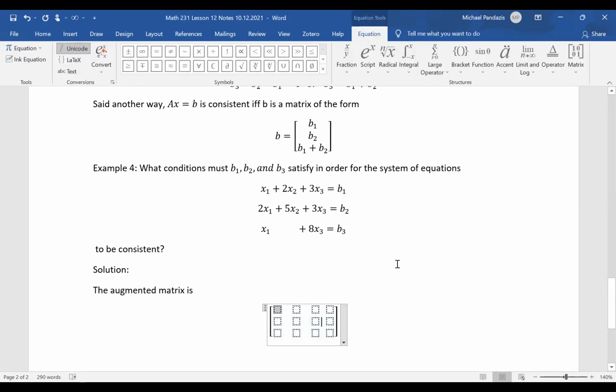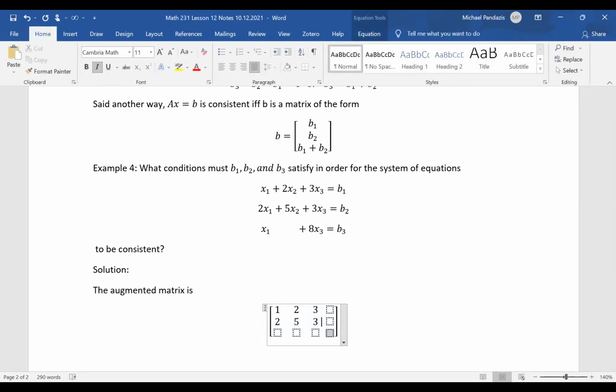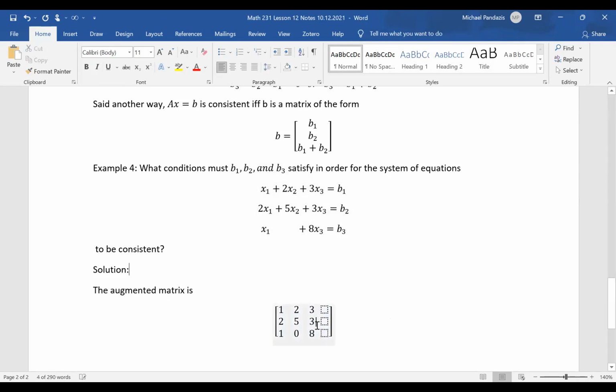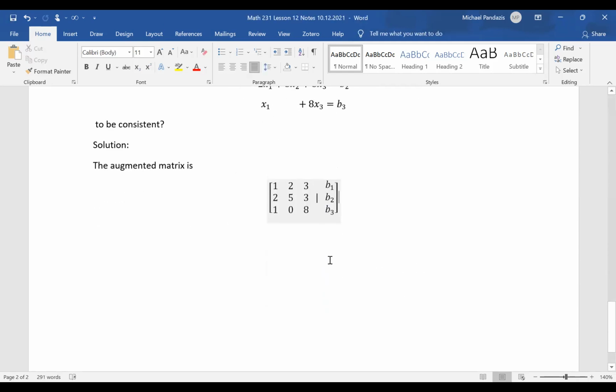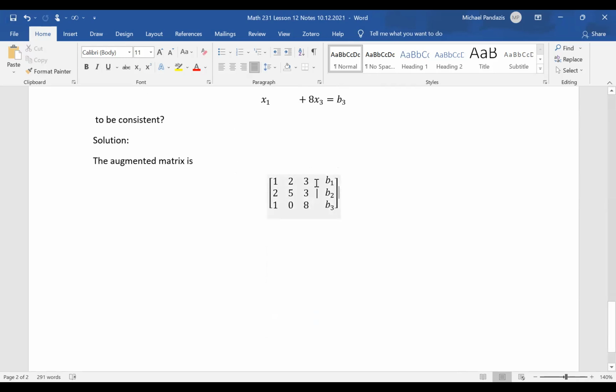Then the augmented matrix is 1, 2, 3, 2, 5, 3, 1, 0, 8. That's the left side because those are the coefficients. And then this is b1, b2, b3, the right side. So this is your augmented matrix. Again, that vertical line could be all the way up.